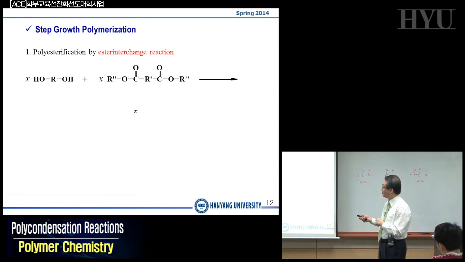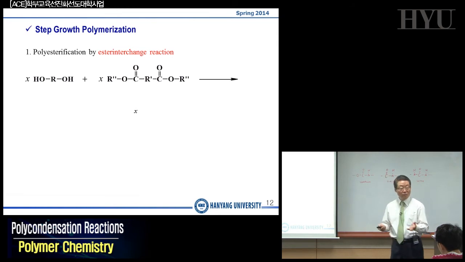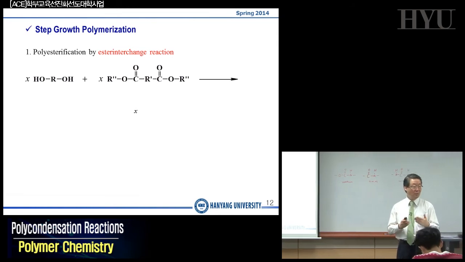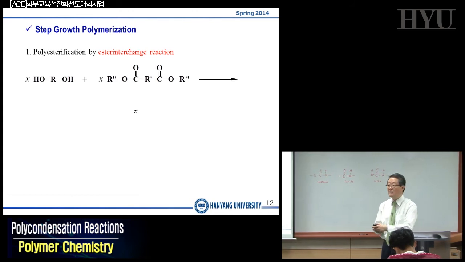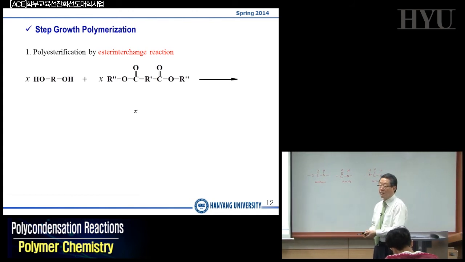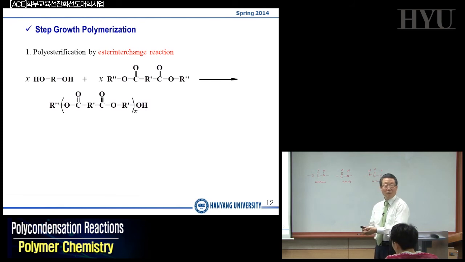So this O will attack here and will be removed. So the byproduct will be R, O, H, which means alcohol. So from this reaction, you can form polyester, but the byproduct is alcohol instead of water. You form the polyester, but the byproduct is alcohol.